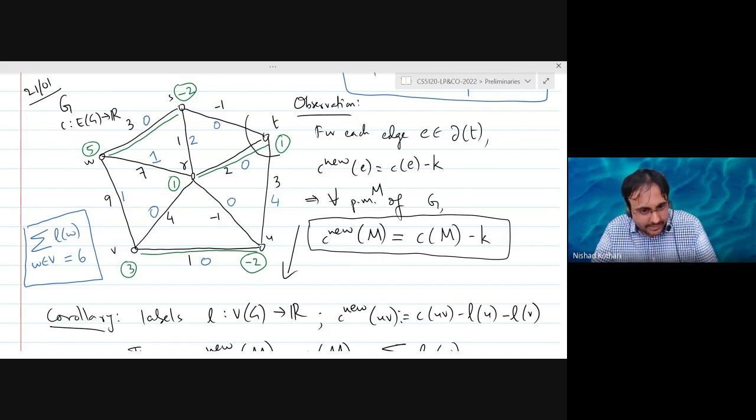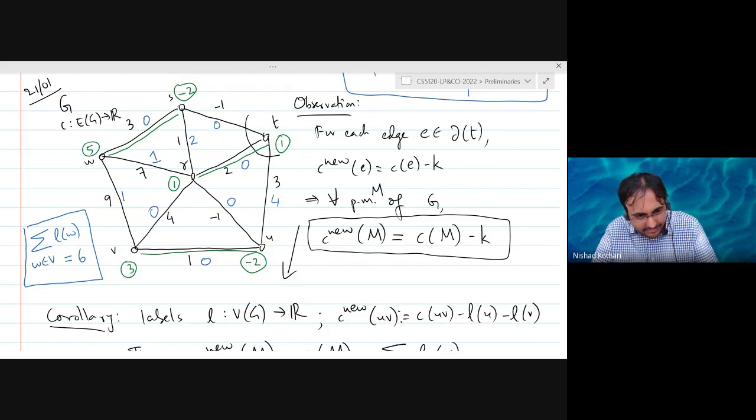Okay, so if you can find such labels for any graph, you are done. The problem is such labels may not exist in general for non-bipartite graphs, right? So there is a more sophisticated way of doing things in non-bipartite graphs. And why do we need something more sophisticated? These are the kinds of questions we are going to answer in this course.